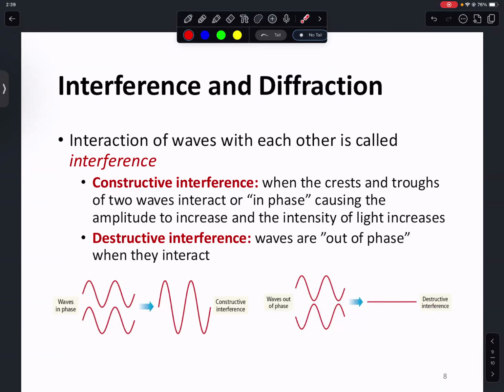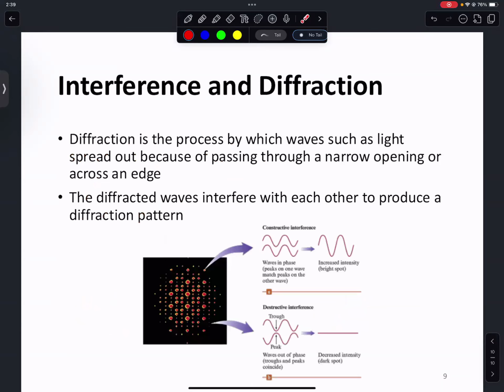Now, how does this have applications? Specifically in diffraction, we can use the constructive and destructive interference to identify something like crystals or proteins.